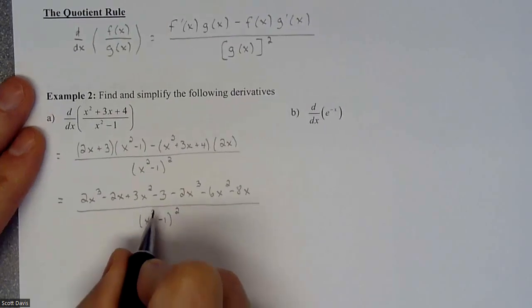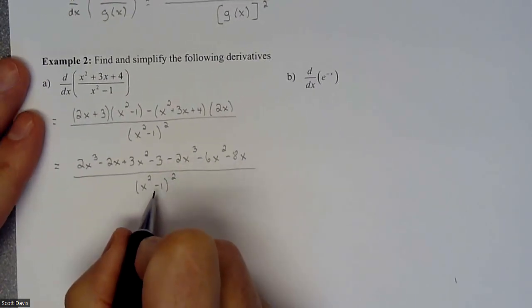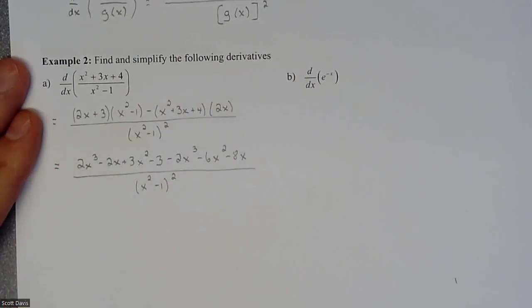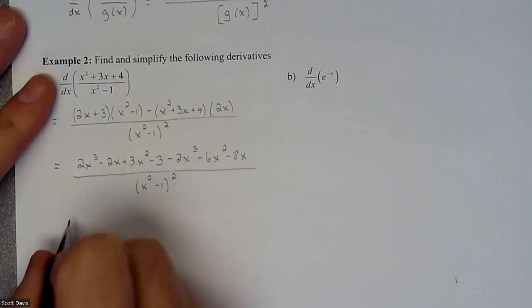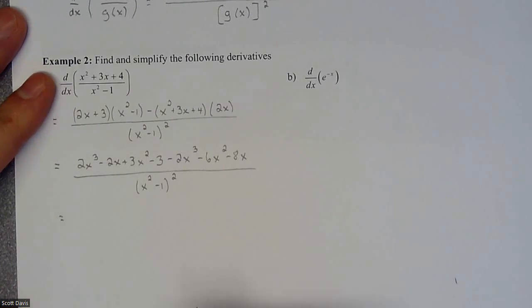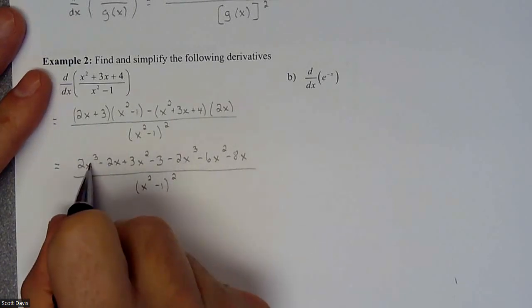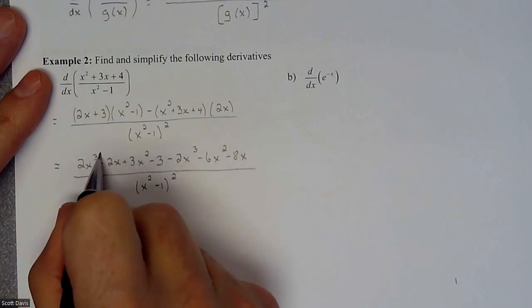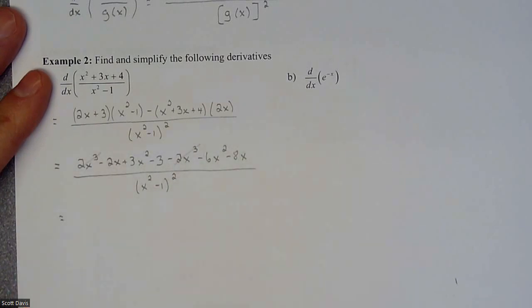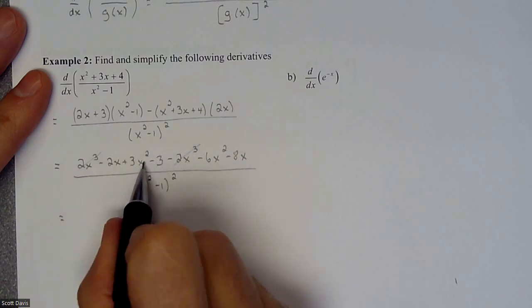Remember, this is going to potentially factor into an x plus 1, x minus 1. We're just going to see if we happen to have an x plus 1 and x minus 1 out of all of this when we put it together. So let's put some stuff together. We have a 2x to the third and a negative 2x to the third. That goes away. And then we have some x squareds.